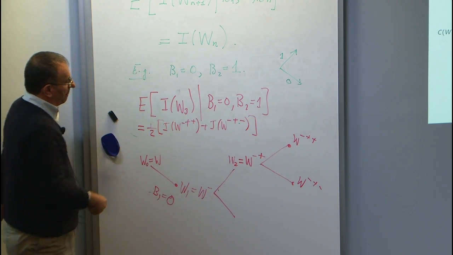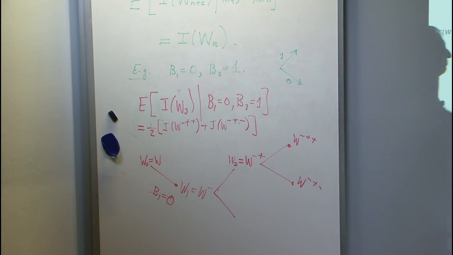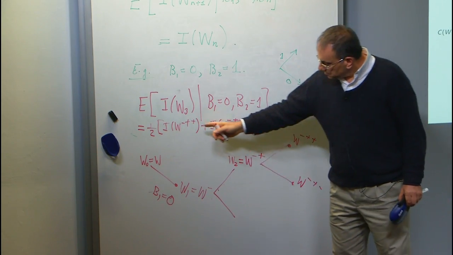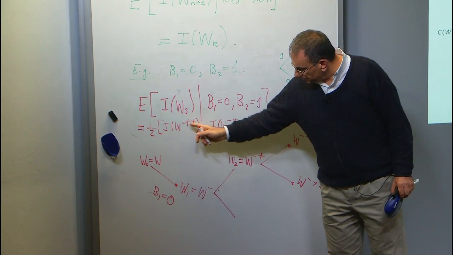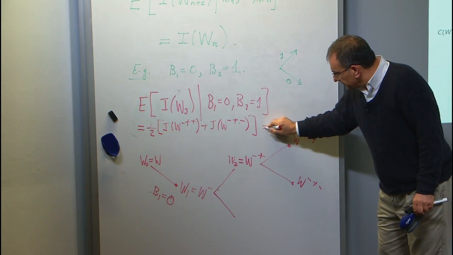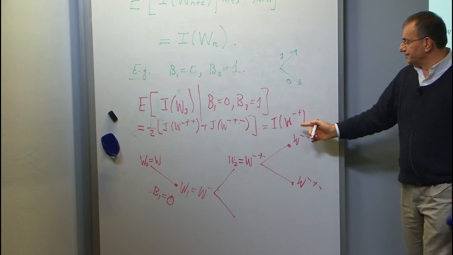Now, the basic construction that we have is valid all the way through. We have this basic construction, the conservation law. So the sum of the capacities of these two channels, since they are originating from a common ancestor, this one, is equal to I of W minus plus.